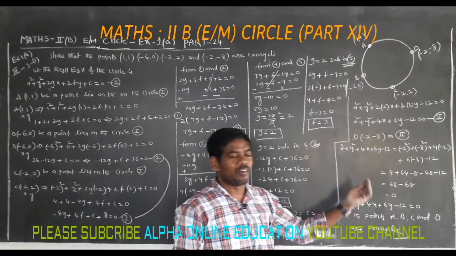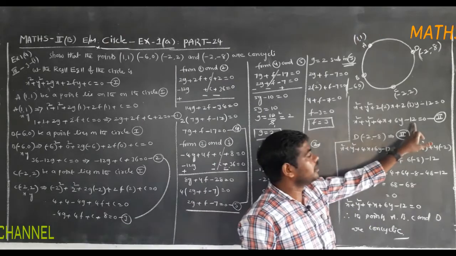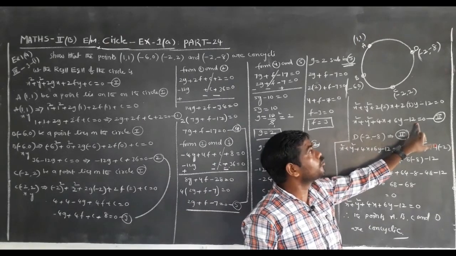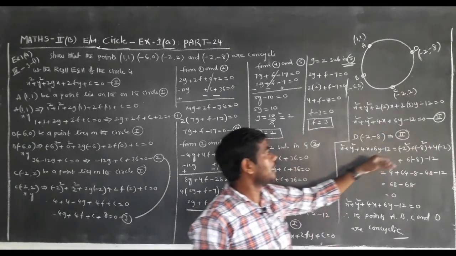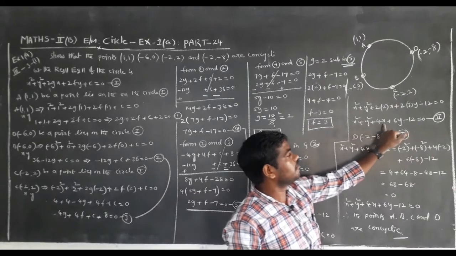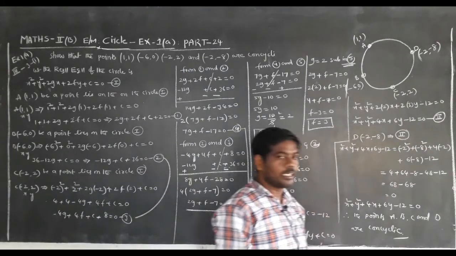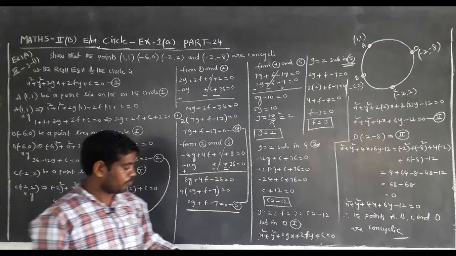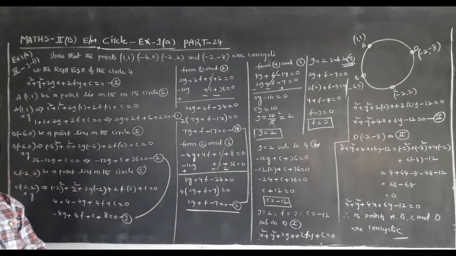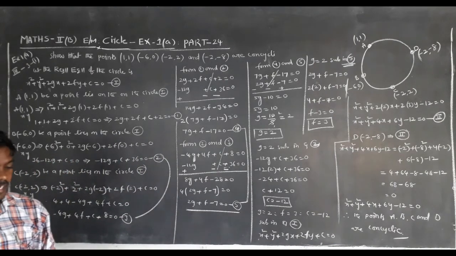Here D point satisfies the circle equation 2. So here the given 4 points are concyclic. Thank you.